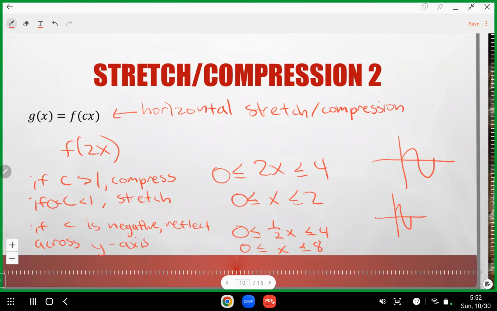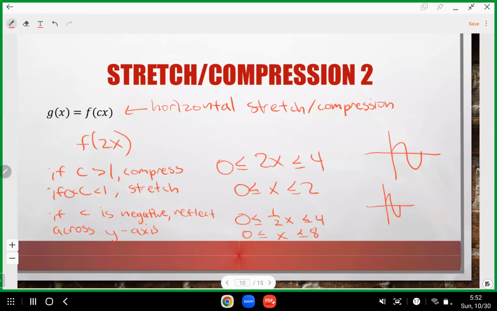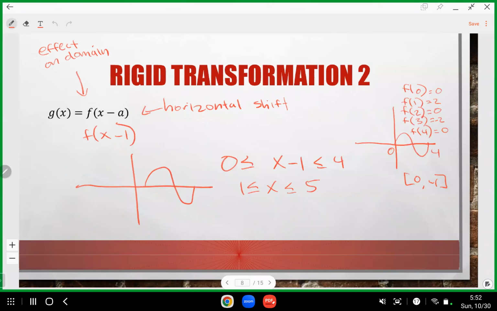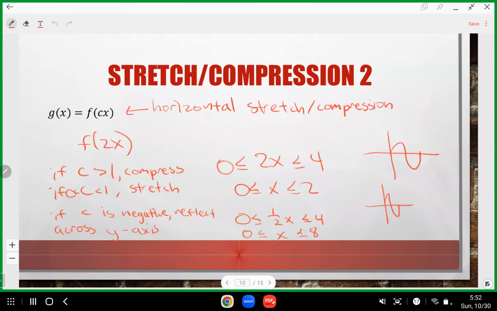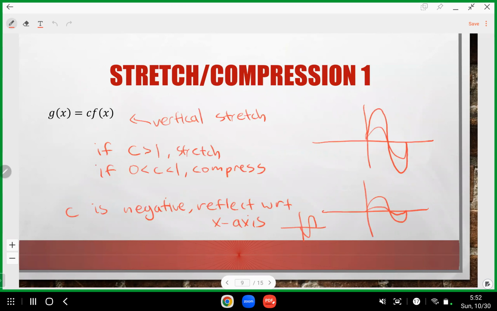Okay, so now let's do some practice problems. And before we do that, let me first say the order of operations with functions. First, you're going to do horizontal shifts. This is number one. Next, you're going to do any horizontal stretches, just direct effects on the domain.